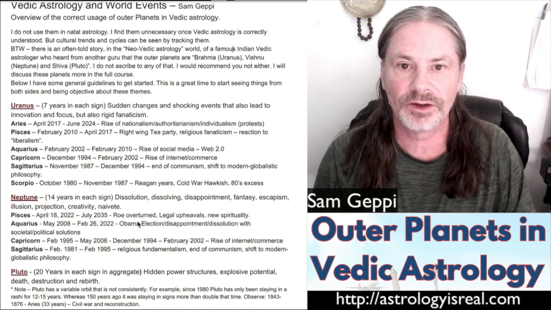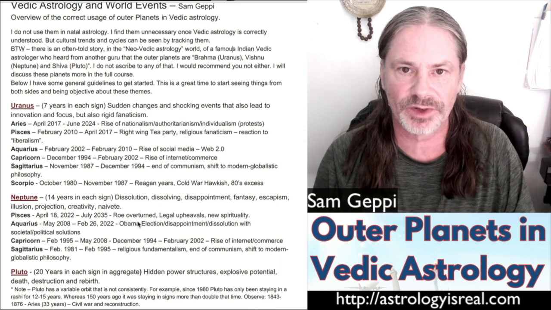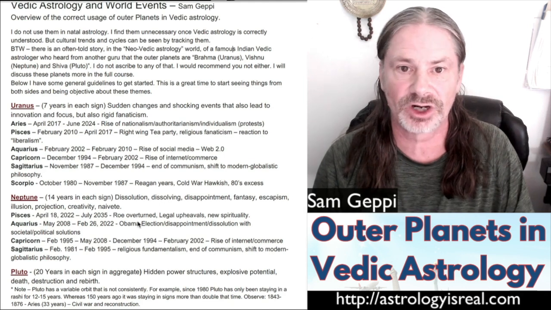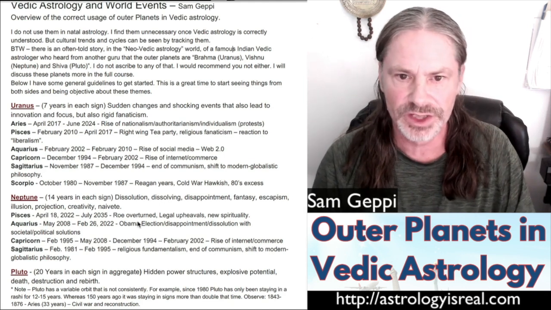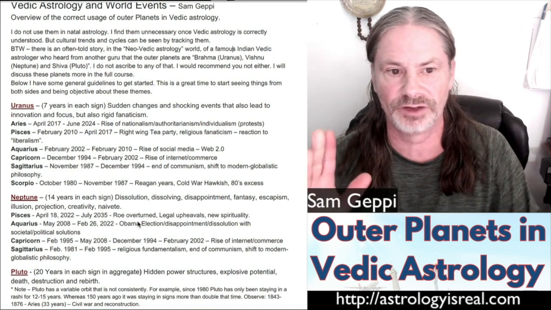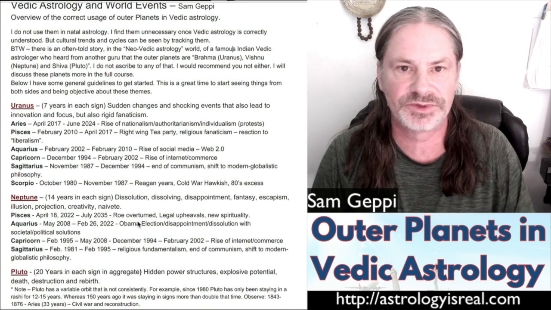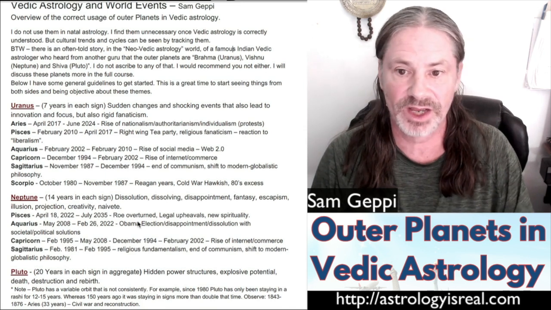And by the way, just to button this up with the Neo-Vedic astrology, there's a told story of a famous Indian Vedic astrologer who heard from another guru somewhere that the outer planets are Brahma, Vishnu, and Shiva. This is sort of bandied about. I don't ascribe to any of that. I'd recommend you not either.